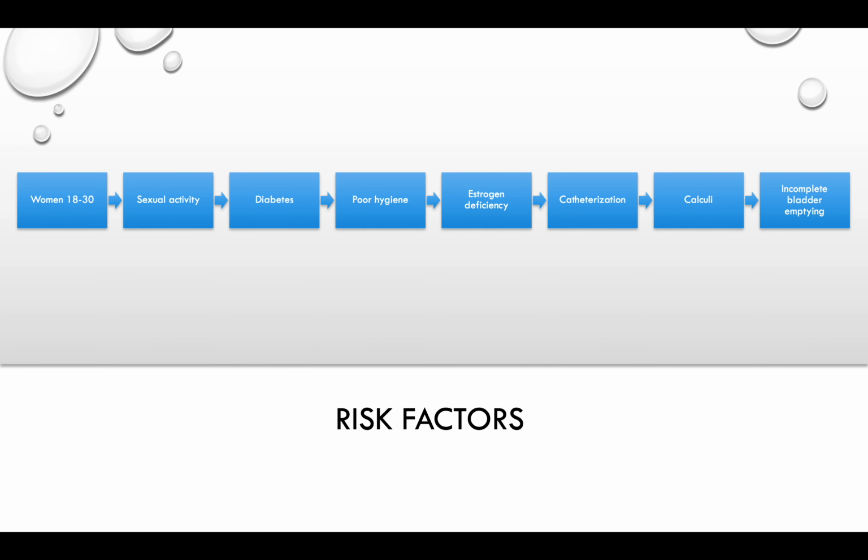And so when that happens, we have this food source for bacteria now to feast on. So that is why patients who are diabetic are at increased risk, especially if their blood sugars are out of control.